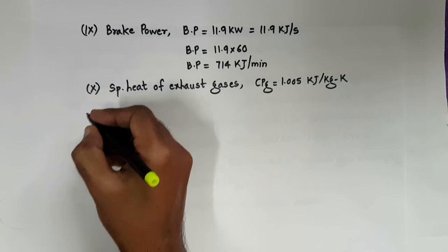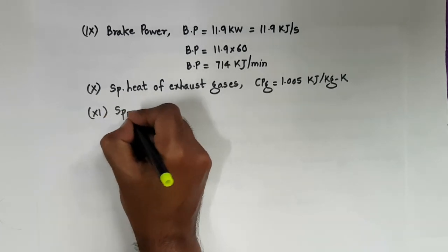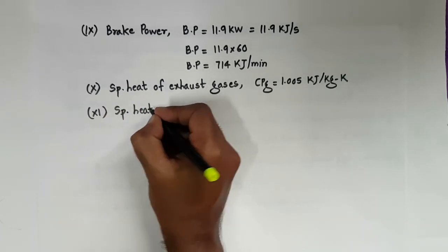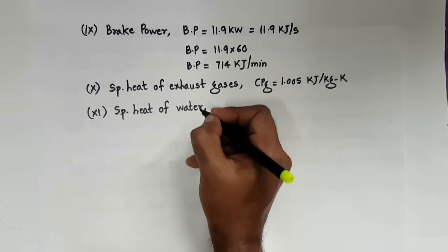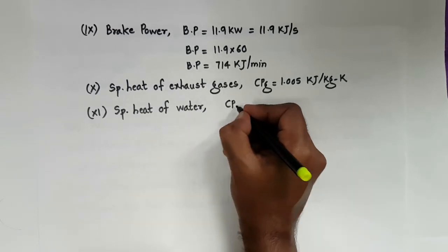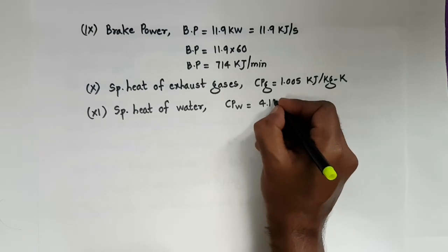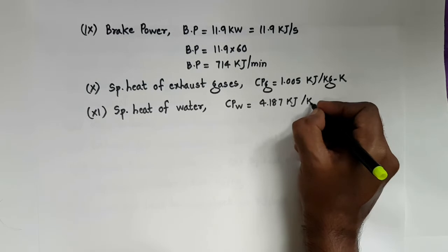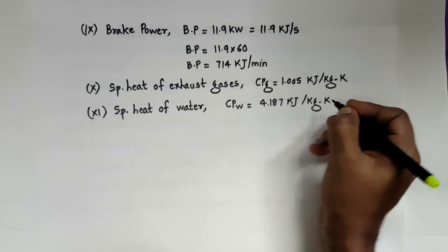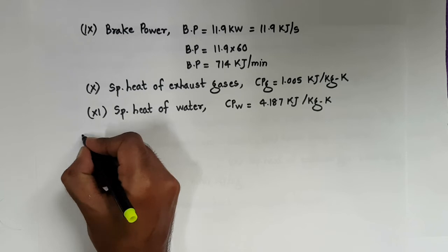Next, specific heat of water, CPW, which is 4.187 kilojoule per kg Kelvin. This is all the required data. So we'll follow a step by step procedure.